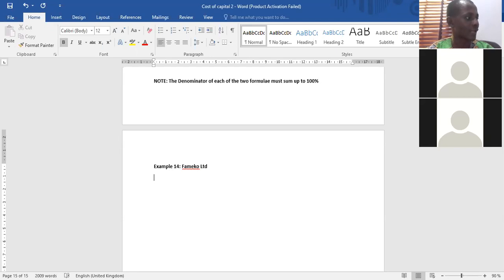One, competition in the US courier services industry. The US courier services industry is highly competitive. If Fameco sets up the subsidiary in the US, its main competitor will be Exfed Corporation. Exfed's capital structure is 70% equity and 30% debt. Two, market risk. The following statistics have been computed from historical excess return on the equity stock of Exfed Corporation and that on the S&P 500 index, a proxy for the market portfolio.